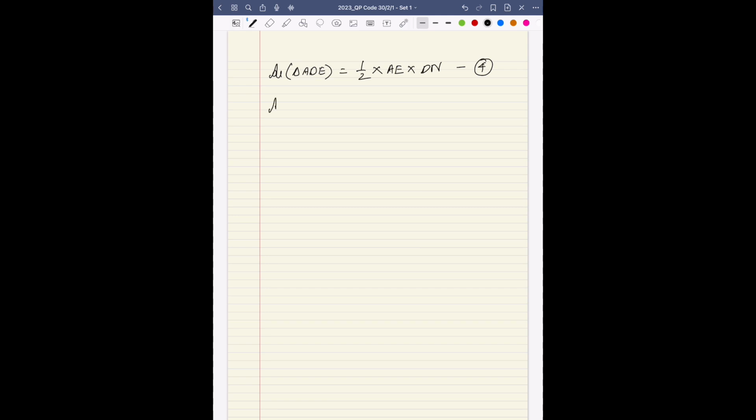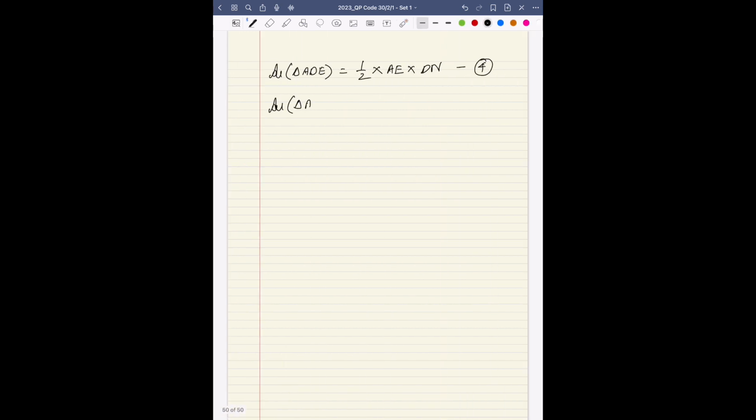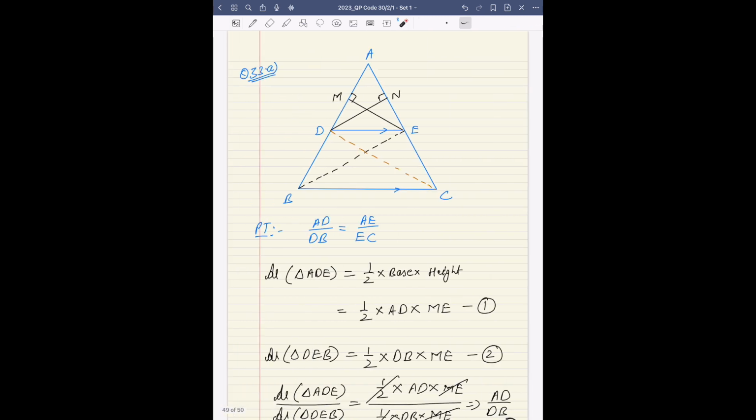Then area of triangle. Which triangle? Of course, we'll talk about DEC, right? Area of triangle DEC is what? Half into, same logic, this is your triangle. Of course, EC will be our base, right? Because we need to use it.